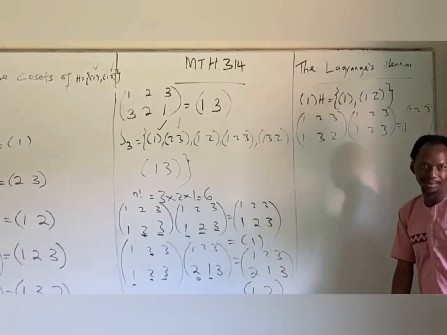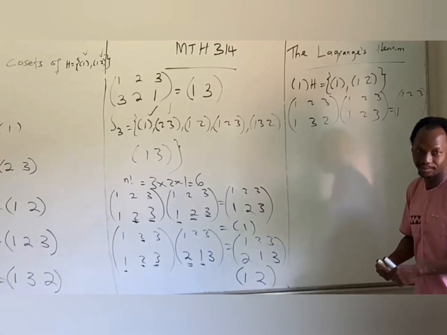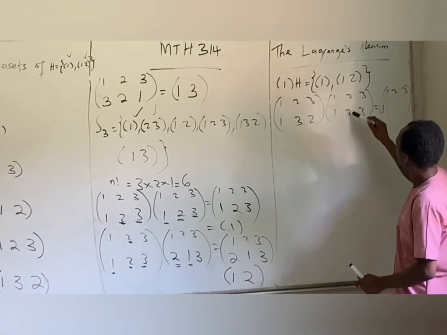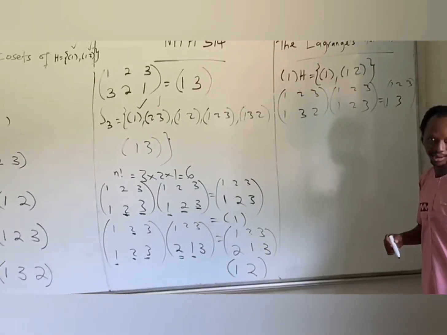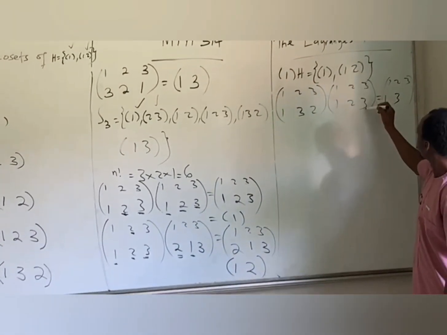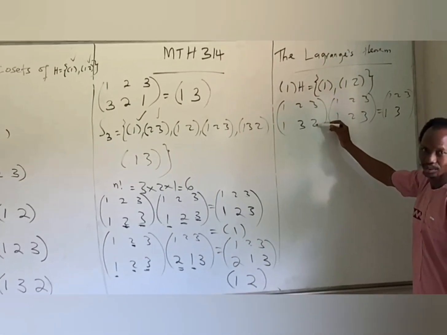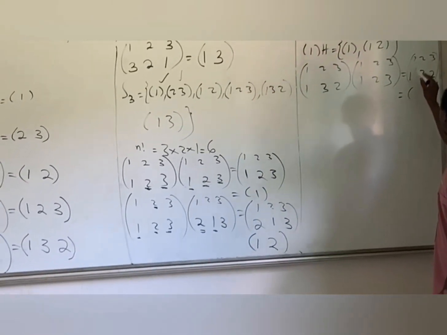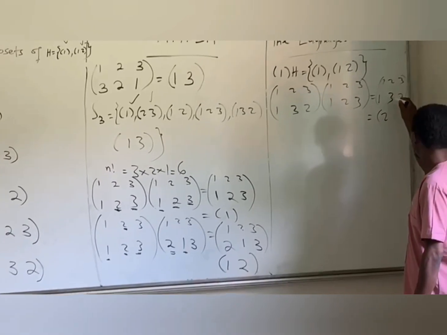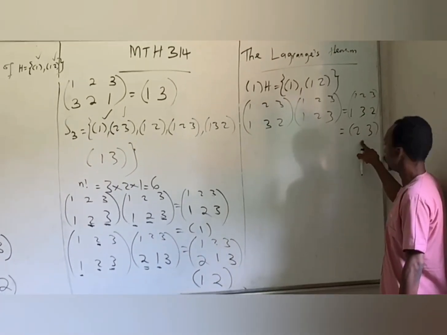Are you watching? Stop writing. 3 is to 2. 3 is to 3. Can you see? 3 is to 3. 3 is to 2. So you can write a cycle for us here. 1 is to 1 is 1. So 2 is to 3. 3 is to 2. Close.